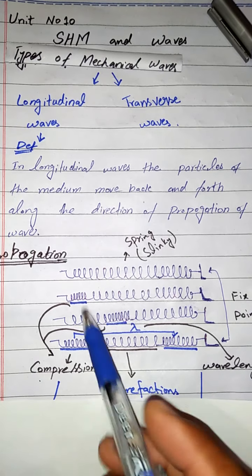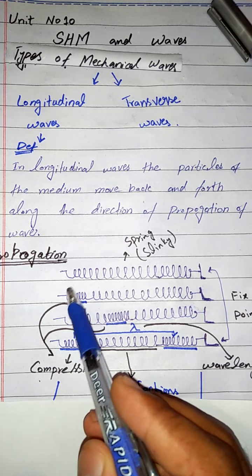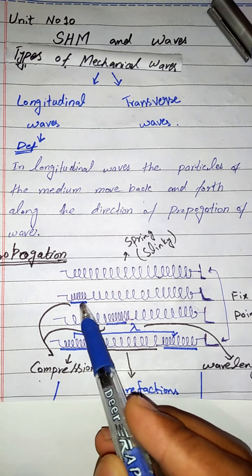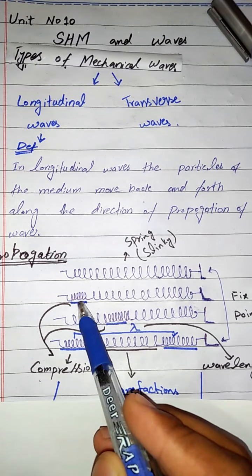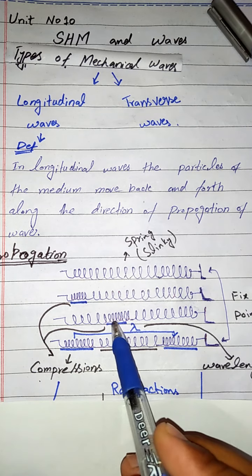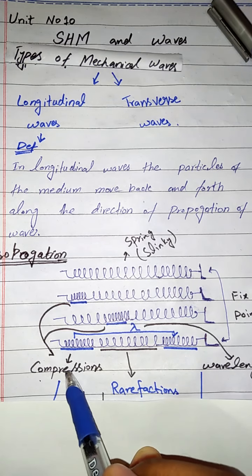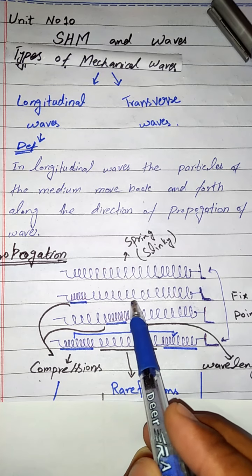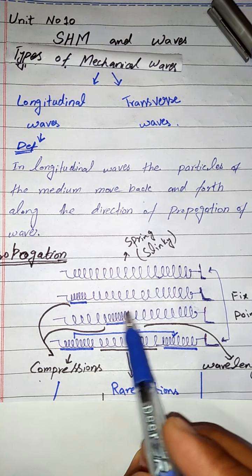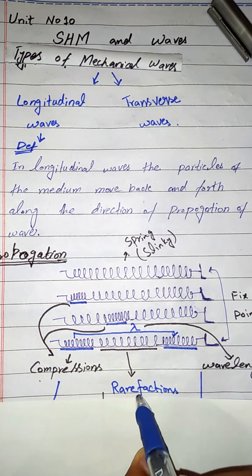So here you can see that there is an area where the loops of the spring are closer to each other. These regions are known as compressions, and the other regions where the loops spread apart have another name: rarefactions.